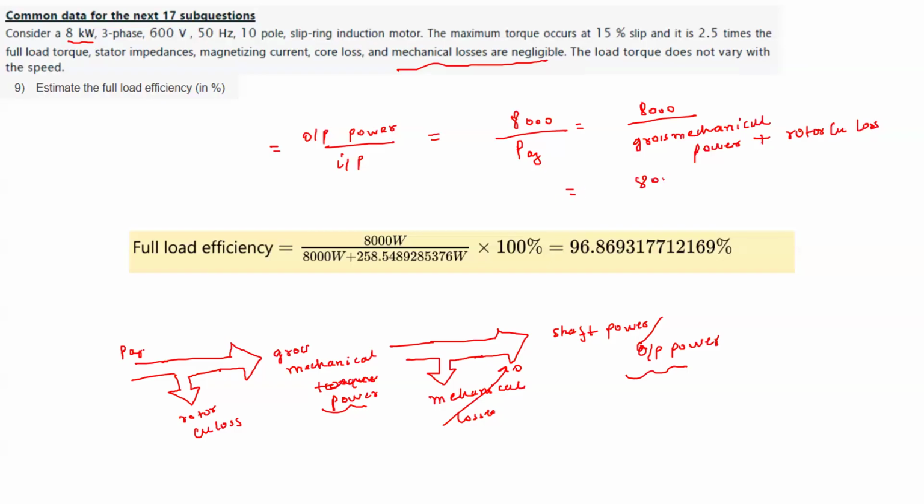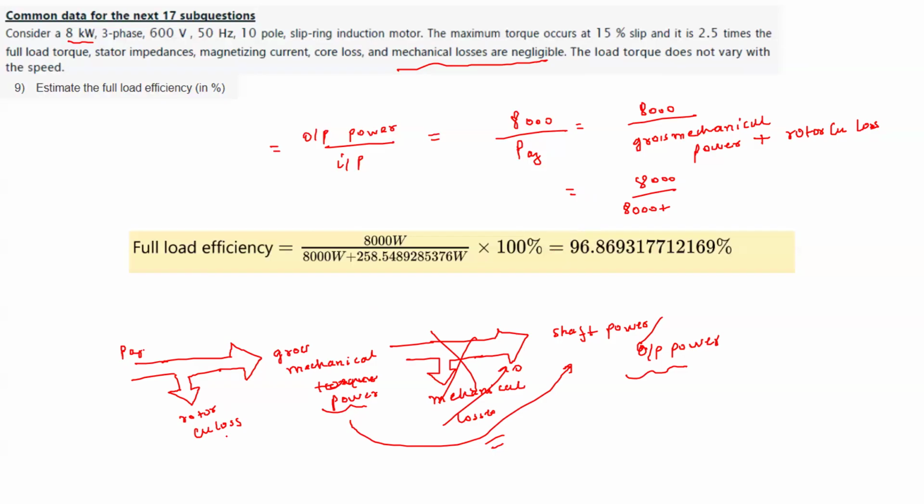Gross mechanical power is shaft power because the mechanical losses are zero, so they are the same. That is why I'm writing gross mechanical power as shaft power, 8,000, plus the rotor copper loss.